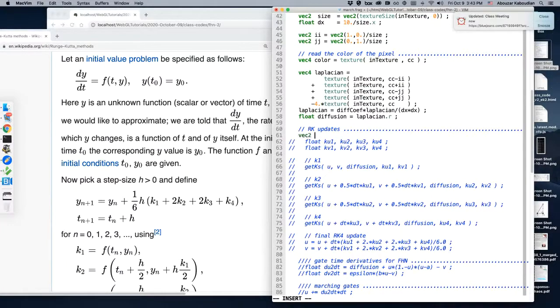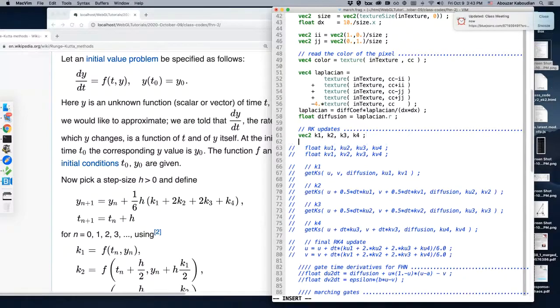Instead of all of those ones, my k's now become vector two types, k1, k2, k3, and k4. I can define a vector uv that is a vector 2, u and v. That makes my life a little bit easier.